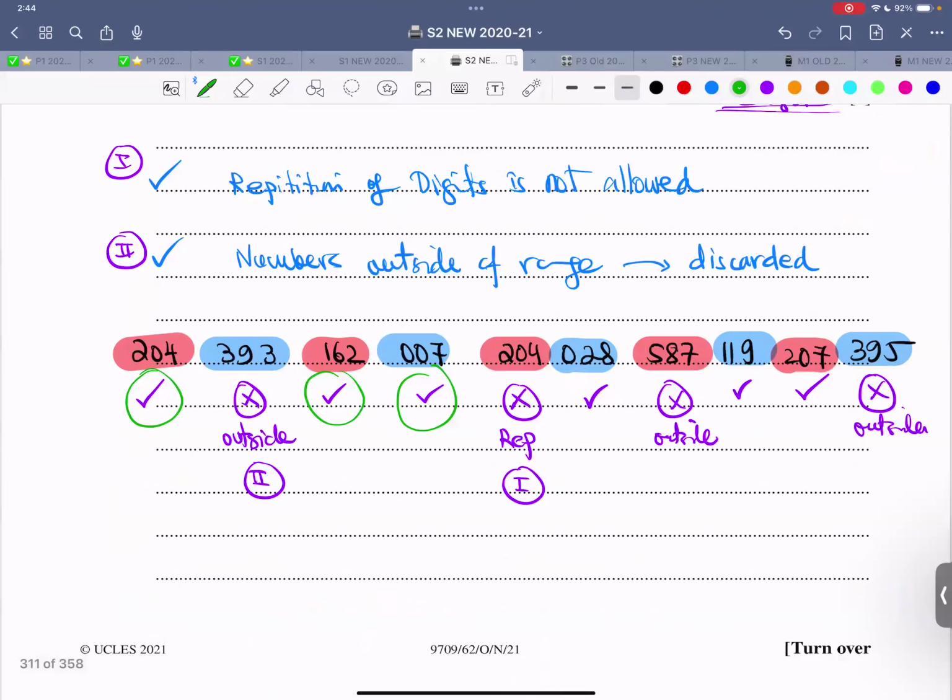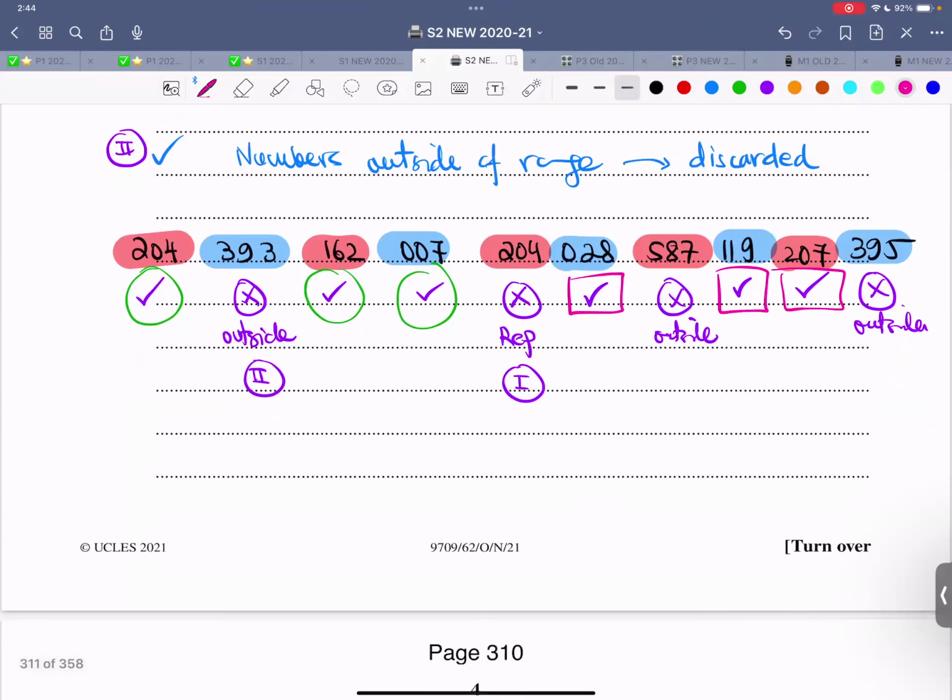That's already chosen. Now, which ones are left? 028, 119, and 207. So therefore, the answer is 028, 119, 207. So these are the ones that are now included over here. All good, all clear. So that's how this thing is done.